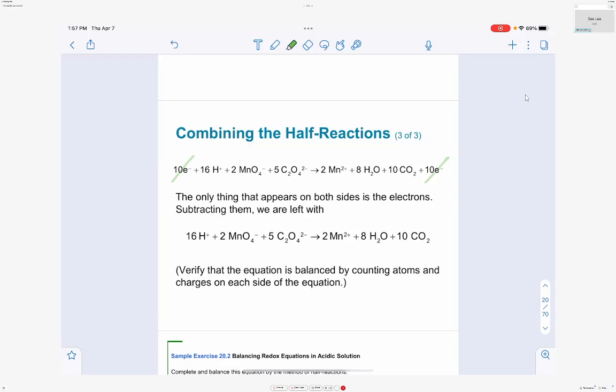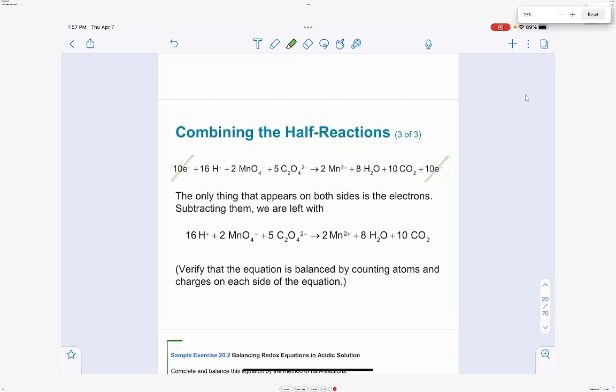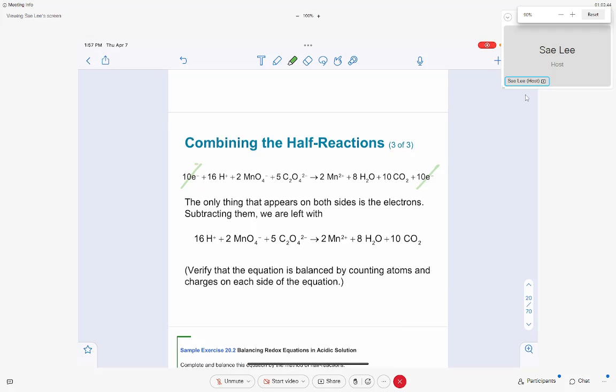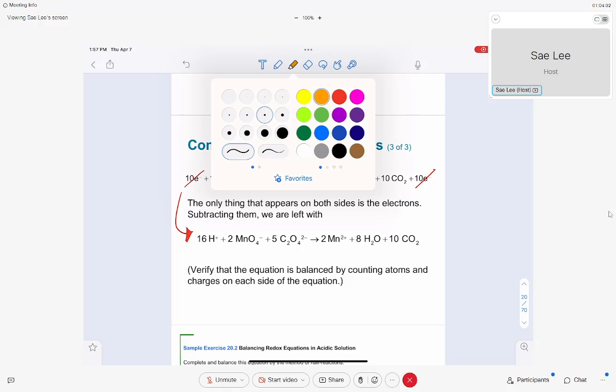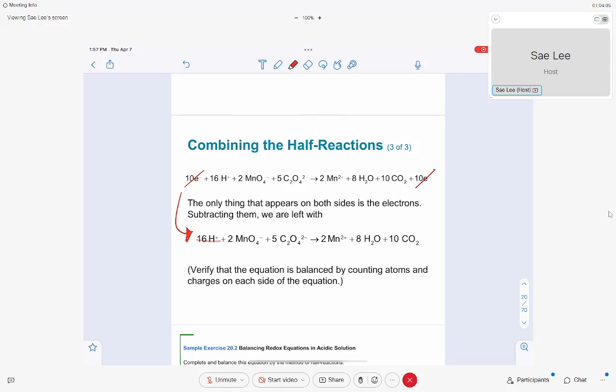So if we remove the 10 electrons, we get the final completed balanced equation, which looks like this. Again, you want to verify that the equation is balanced by counting the number of atoms and charges on each side of the equation.